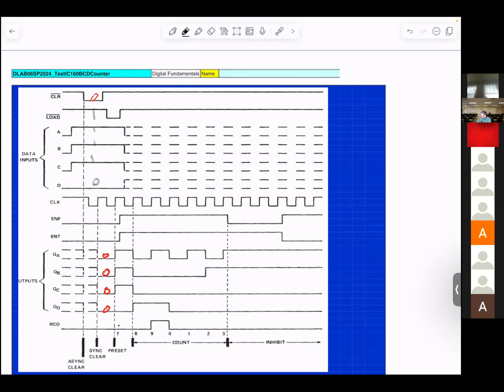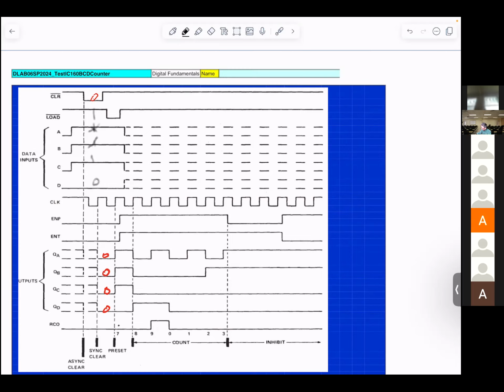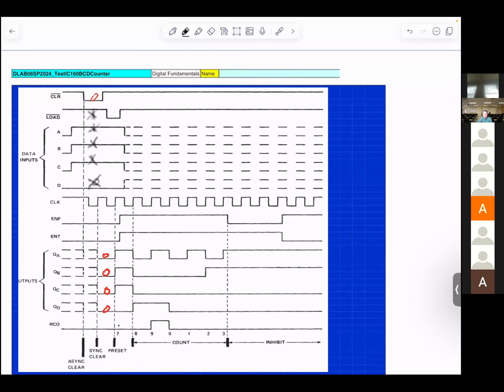However, same thing. When the clear is 0, that's supposed to be don't care. That's you don't care. And also, load in here can be don't care also. That means the highest priority will be clear. Clear 0, you cannot do anything.